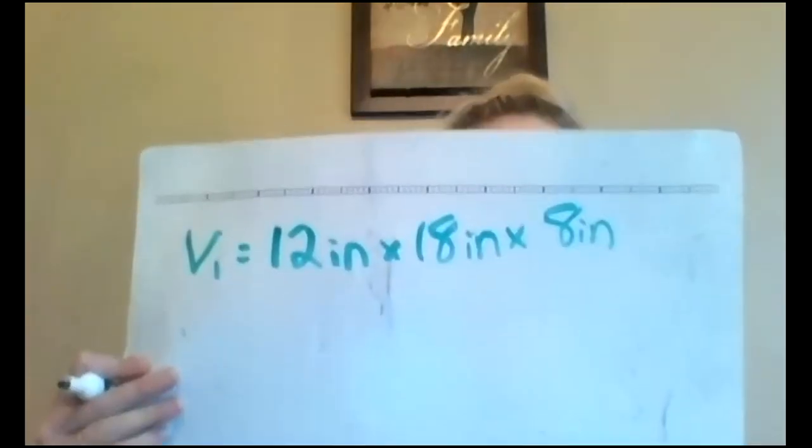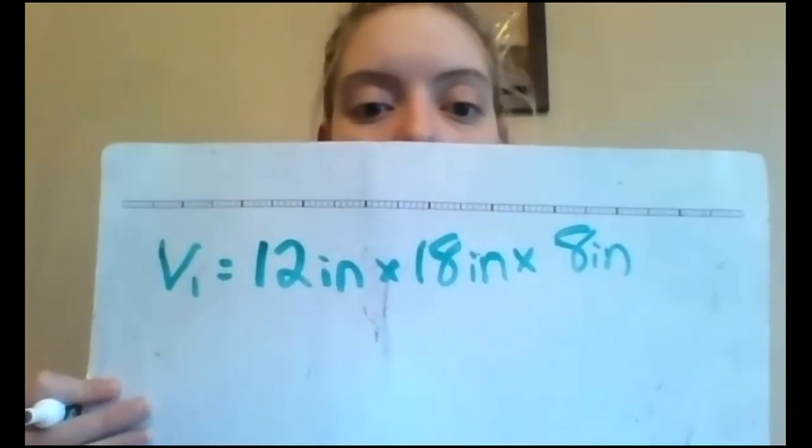My length is 12, so V1 equals 12 inches times my width, which is 18 inches, times my height, which is 8 inches. Okay, so there I have 12 times 18 times 8.